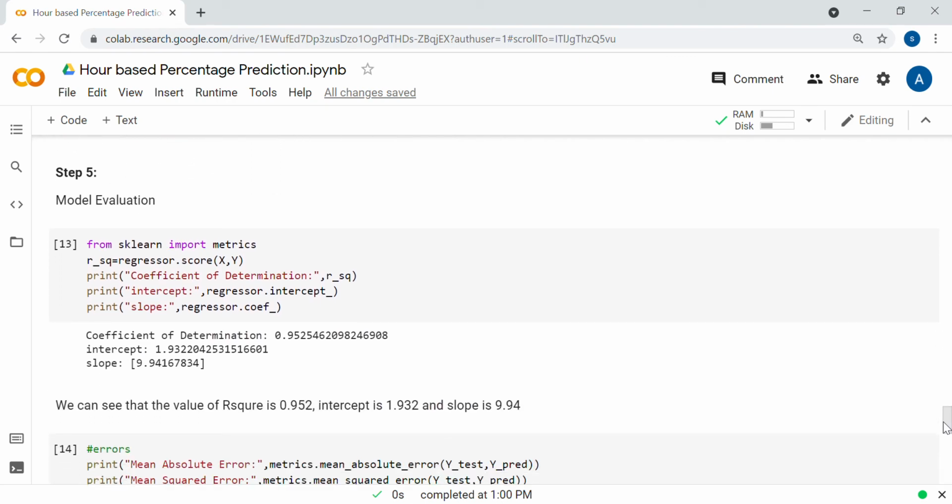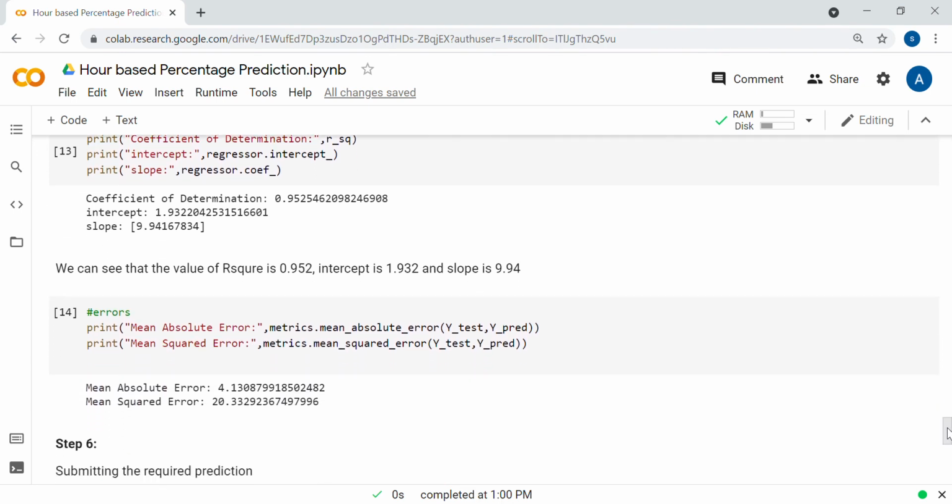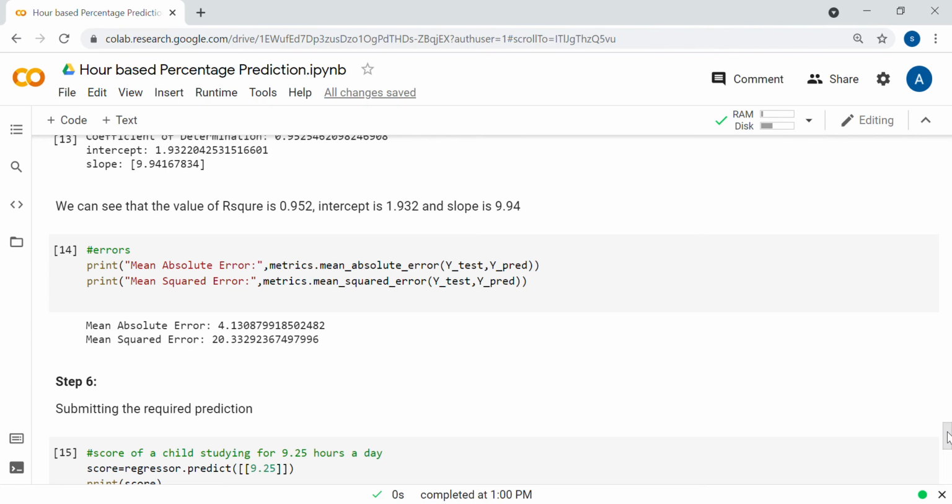Now before evaluating the model, it would be prudent to first calculate the coefficient of determination, which is also the value of r square, the intercept and also the slope of the regressor. So we can see that the value of r square is 0.952, the intercept is 1.932 and the slope is 9.94.